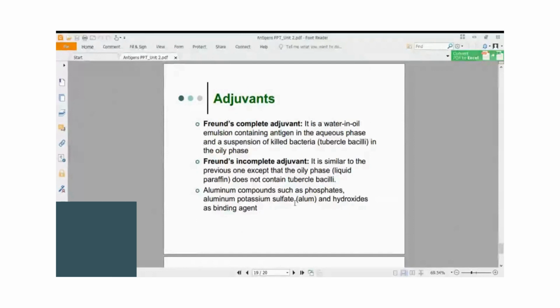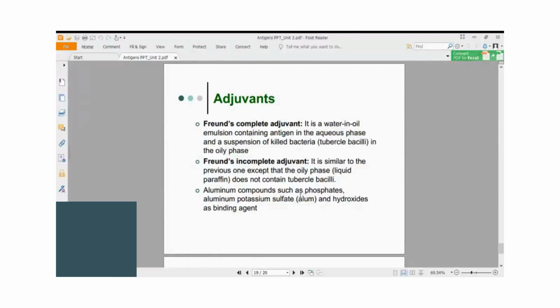They give you that shot of tetanus toxoid, which is coated over aluminum hydroxide. It also gives a light milky suspension because aluminum compounds are not soluble in water.